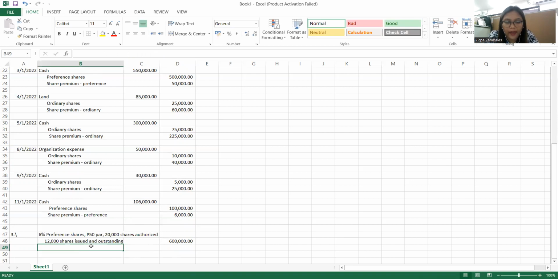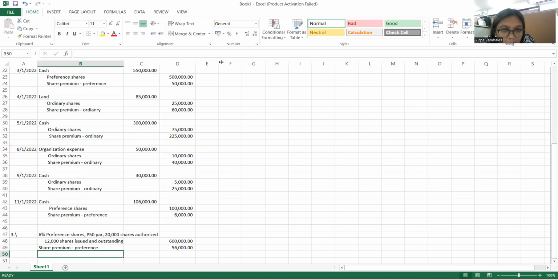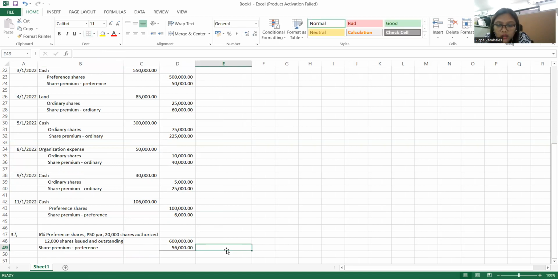Then we also have the share premium for the preference shares. The share premium is equals to, on March 1, let's see, it's 50 plus 6. So it's 56,000, for a total of, for the preference, it's 656,000.